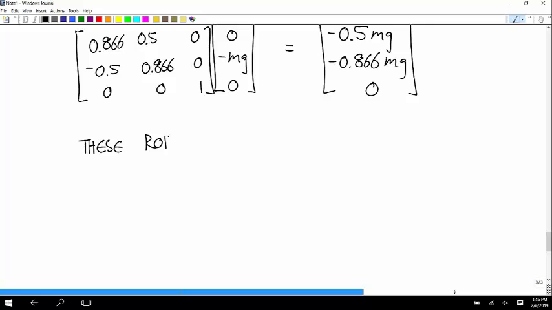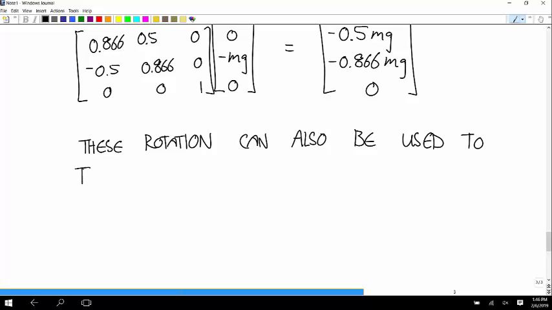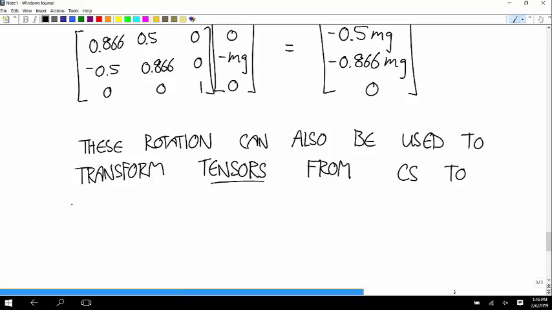These rotation matrices can also be used to transform any kind of tensor from one coordinate system to another.